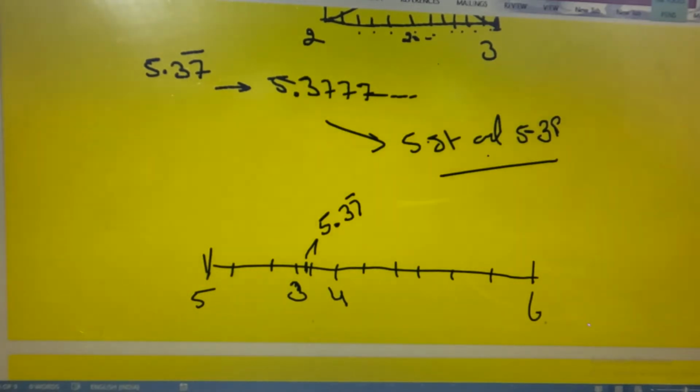So we divide this portion of the number line into 10 equal parts and visualize that portion. Again we divide the portion between 5.37 and 5.38 into 10 equal parts and magnify it. 5.37 bar lies between 5.377 and 5.378.